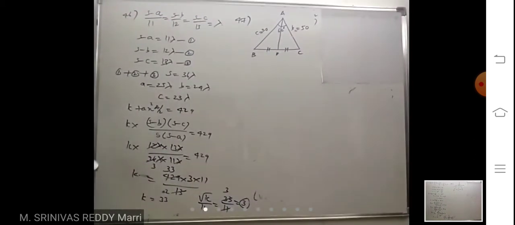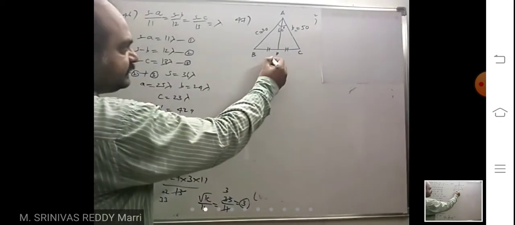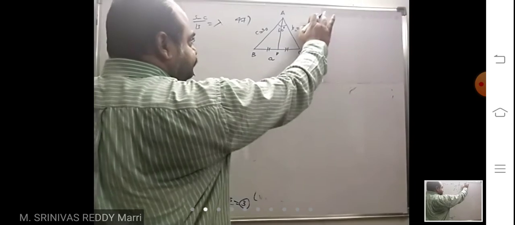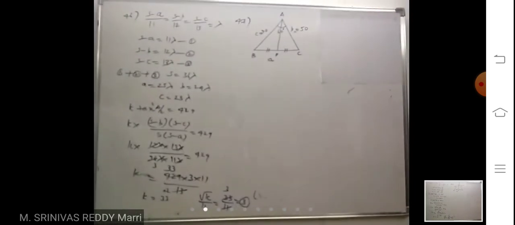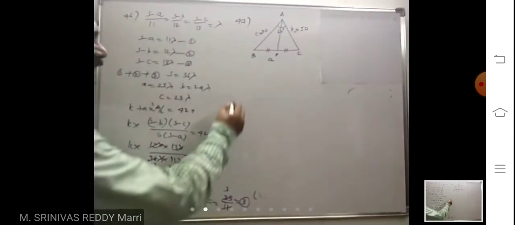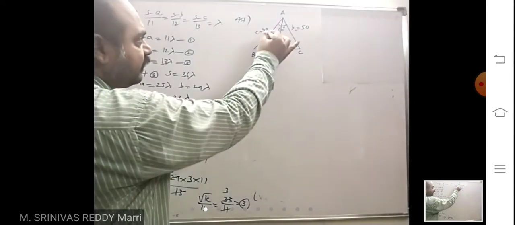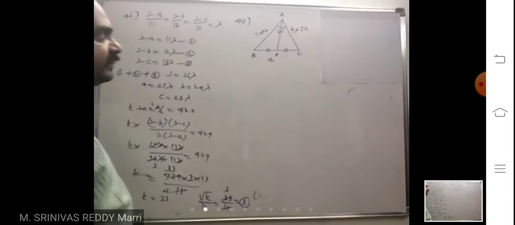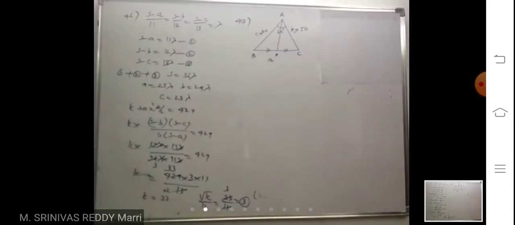AD is the median. Now let us say this length is A. If you know all three sides, you have the formula for calculating the median length. Now I will calculate A, because the other two sides and the included angle are given, so you can calculate the third side.